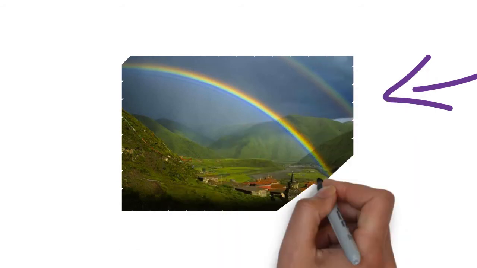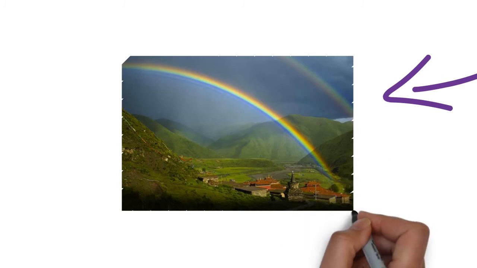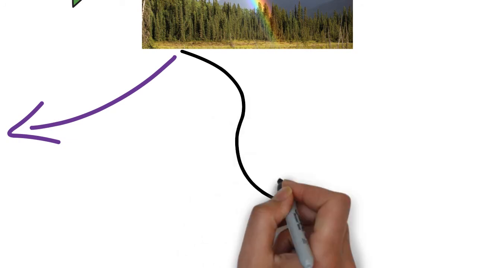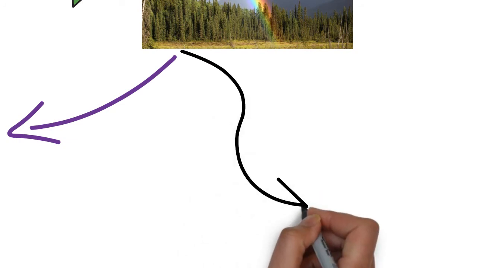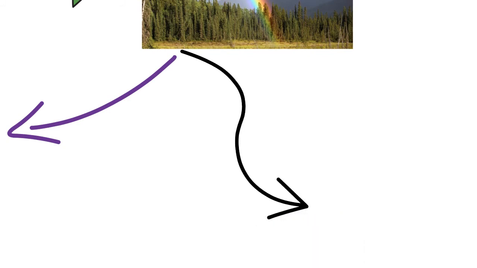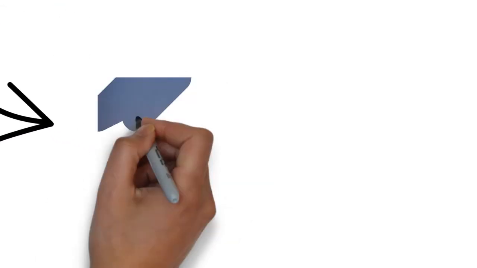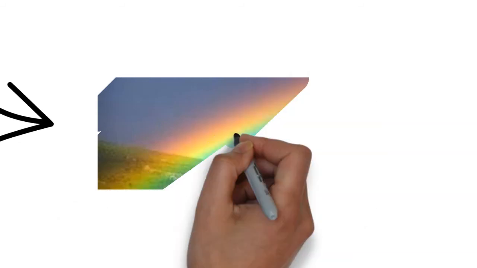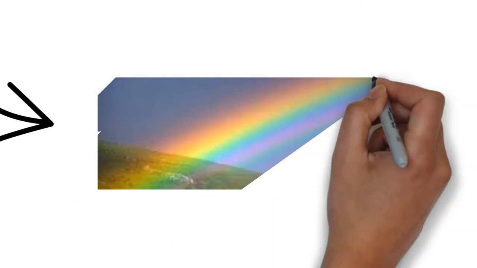As it does so, it speeds up and its path bends. In this case, the path of the light rays bends away from the normal line. This is another example of refraction. Okay, so much for light is refracted again as it leaves the raindrop.